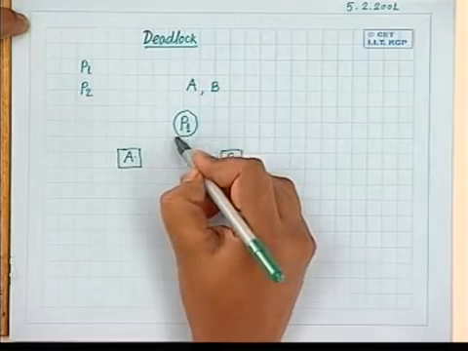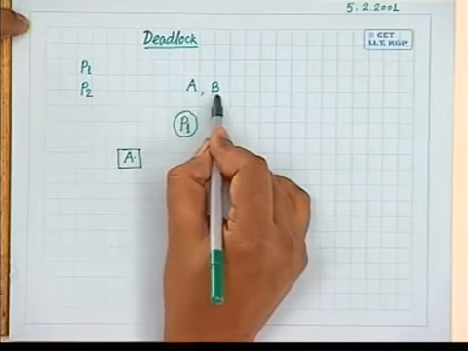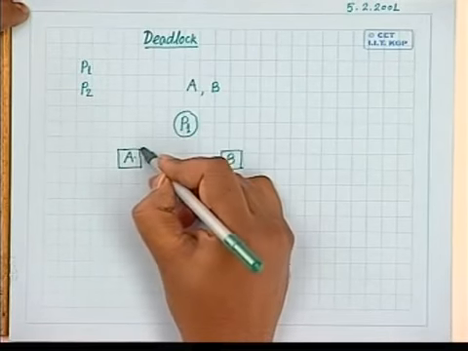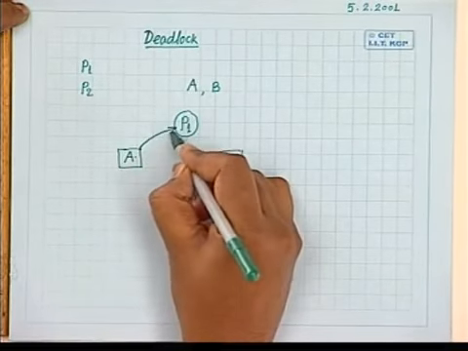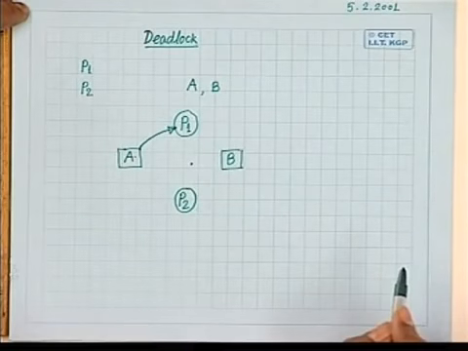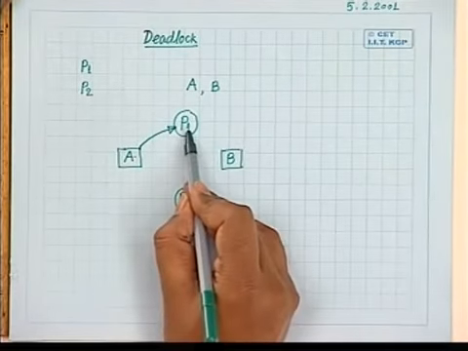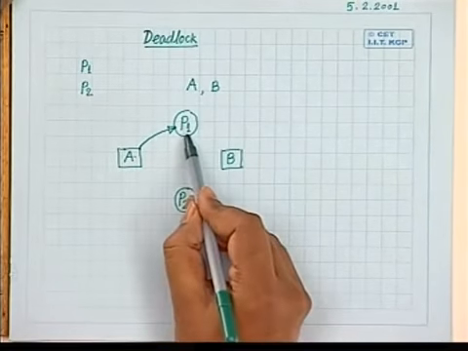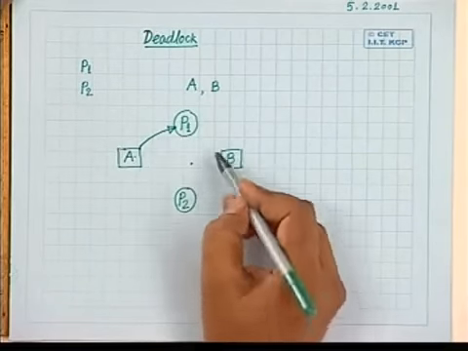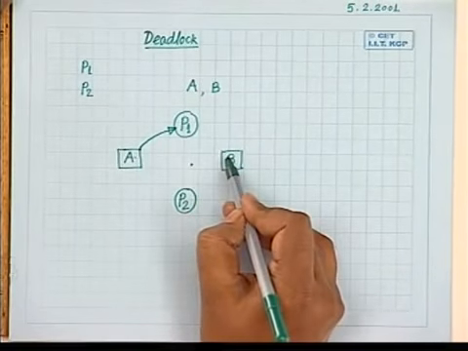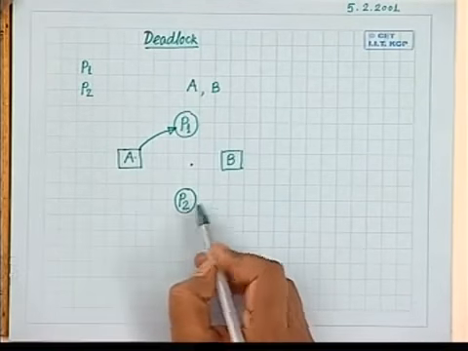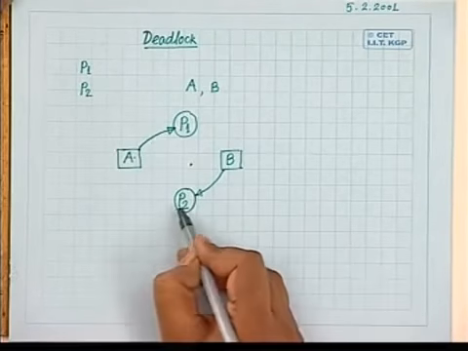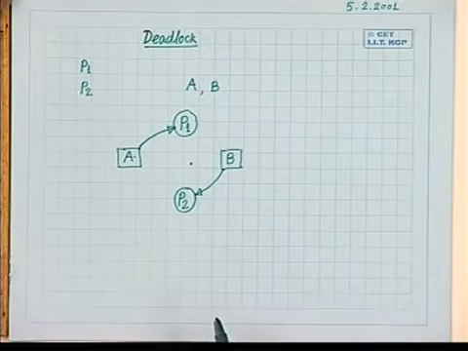So, P1, because it needs both the resources A and B, first requires resource A, and so it has put a request for resource A and it has acquired resource A. Because for its completion, it requires both the resources A and B. So, P1 has acquired resource A and in future it will require resource B. For P2, it has acquired the resource B and in future it will require the resource A.